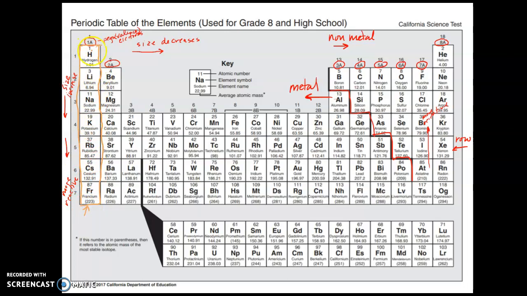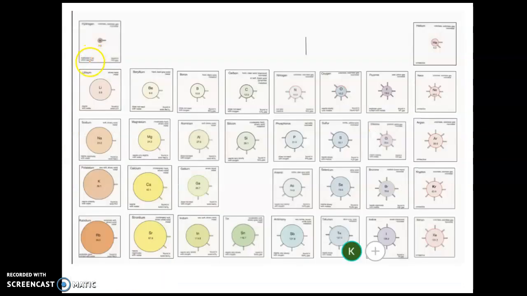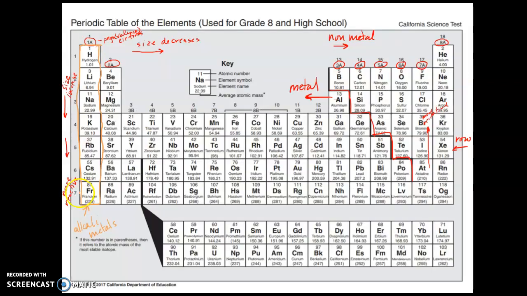So this group, and we know it's a group because of this column, is called the alkali metals. Okay, and just as a reminder, the alkali metals, remember, looking back at this right here, they all have one peg. They tend to become more and more reactive with water as you go down.